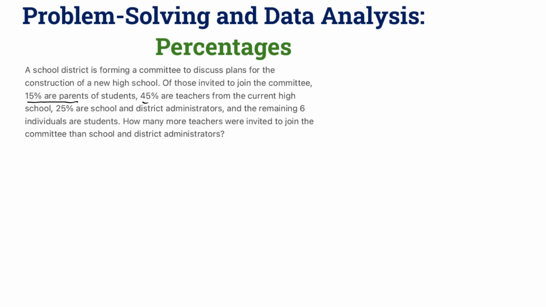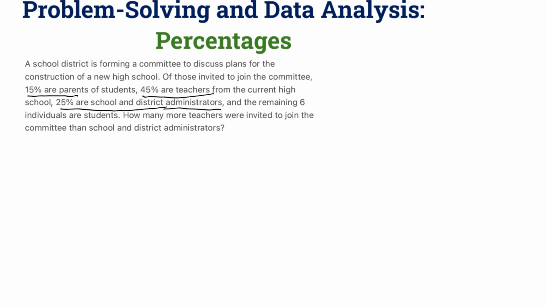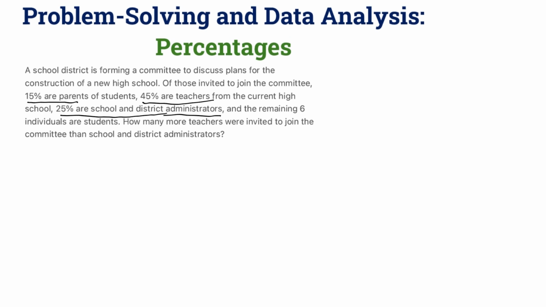So 15% parents, 45% teachers, 25% administrators, but the number of students are given rather than a percentage. And the final thing that we're asked here is how many more teachers are invited than the school and district admins.